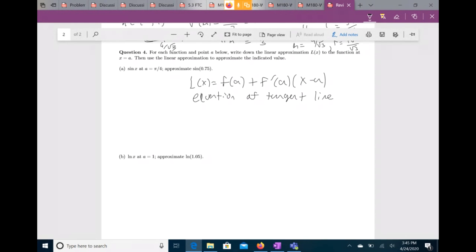All right, so for this first problem, if we want to approximate sine of 0.75, we'll use sine of x and the value pi over 4. So f of x is sine of x, and a is pi over 4.